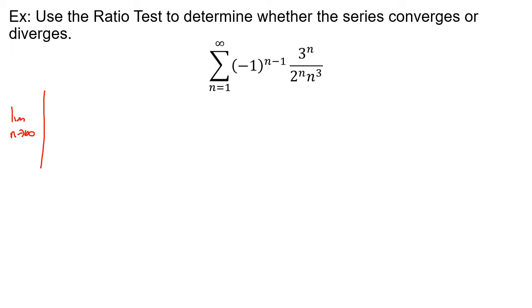I want to take the a sub n. Remember, all of this stuff in here is a sub n. Technically, if you want to take the whole thing, you can, but you do not have to take the negative 1 to the n minus 1 because this right here is sufficient enough. The absolute values would get rid of the negative 1 anyway. And so I'm going to take the 3 to the n divided by the 2 to the n cubed.